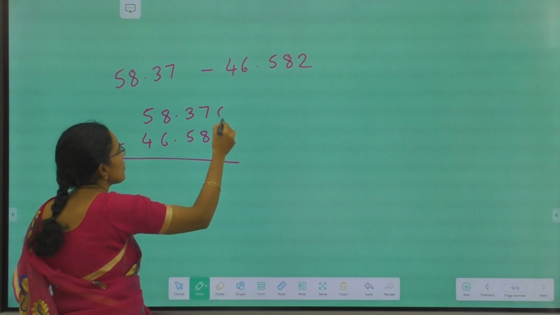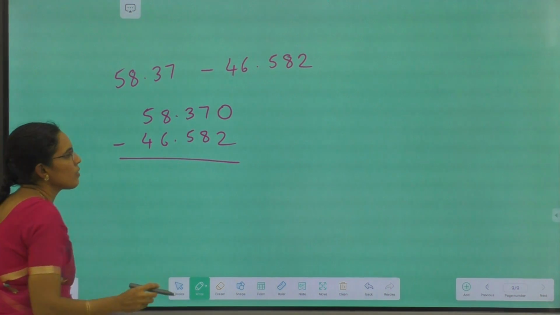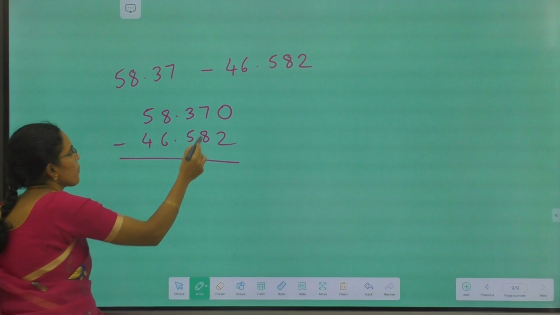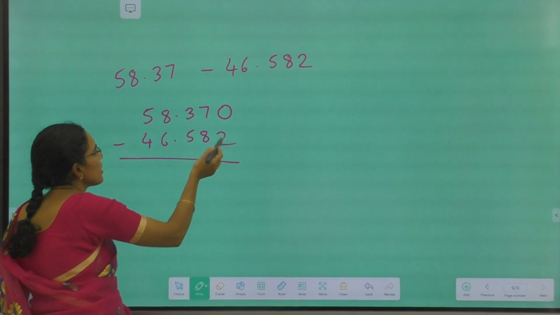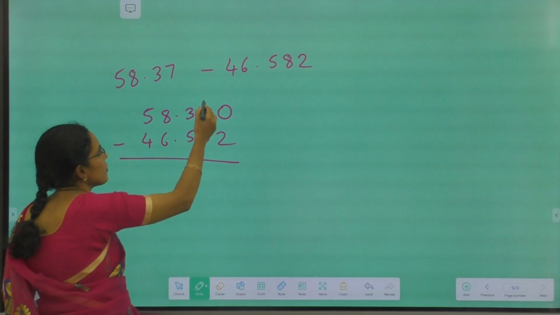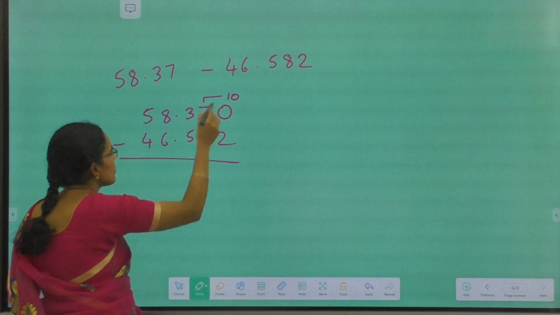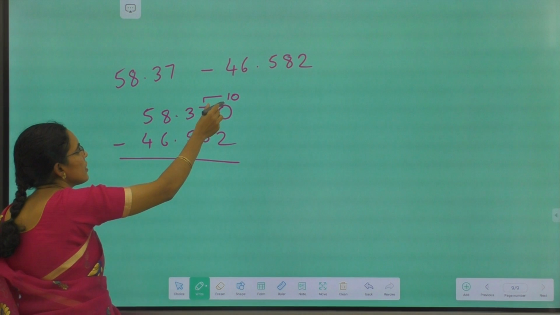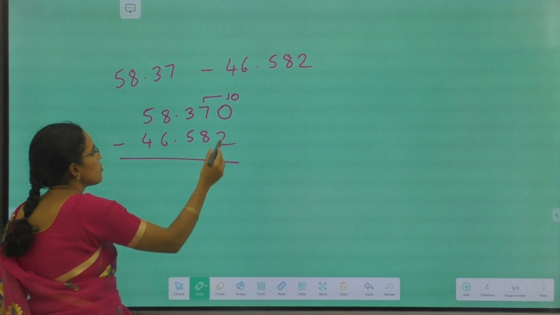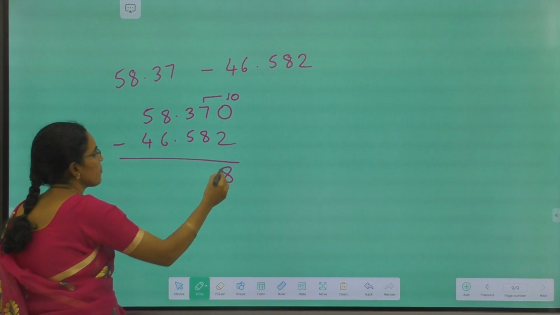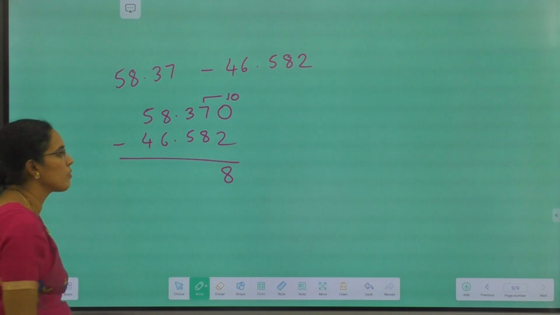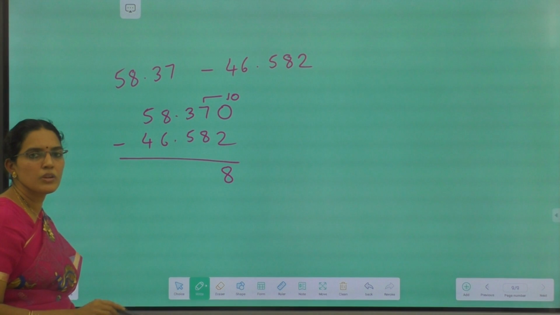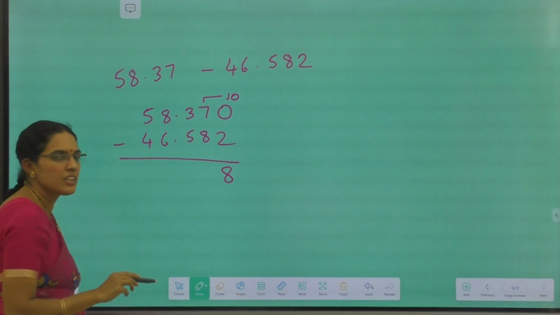Because we have to convert them into like decimals while doing subtraction. Now from 0 we cannot subtract 2. We are borrowing. 100 is nothing but 10 thousandths. 10 minus 2, difference is 8. First convert them into like decimals. Before doing subtraction, we should remember to convert them into like decimals.